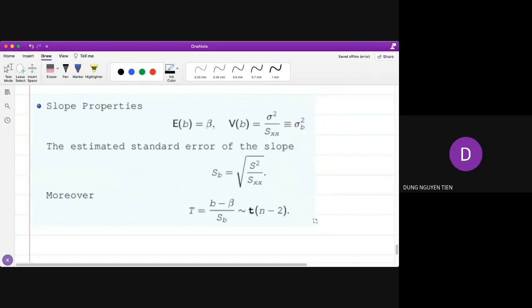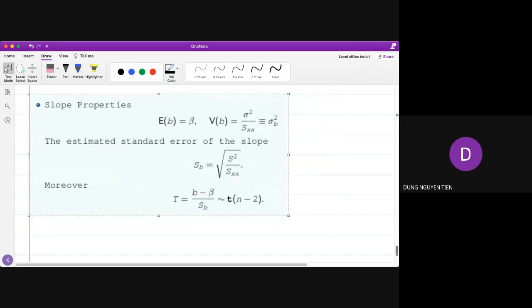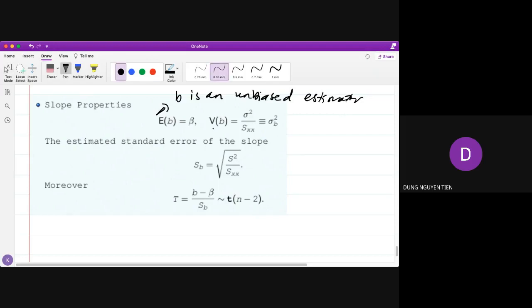All right, you can see that you can find the mean value of B. You can prove that the mean value of B equals beta, right? You can also find the variance of B, which is sigma squared over the Sxx. So this means that B is an unbiased estimator of beta, and the variance of B equals sigma squared divided by Sxx.